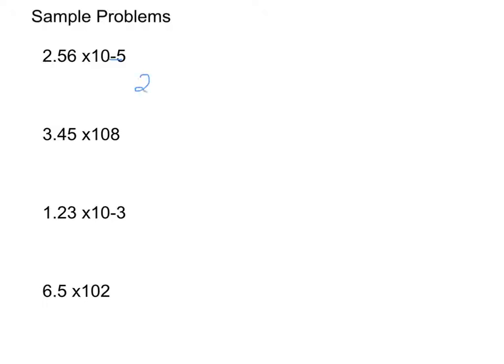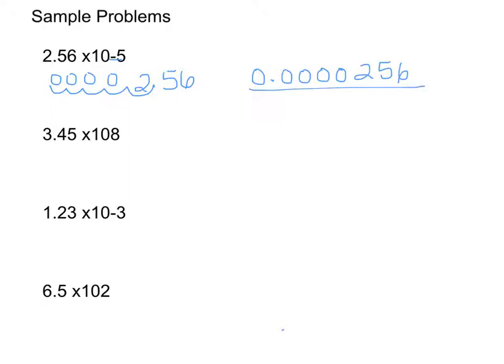So I have 2.56. If I move the decimal 1, 2, 3, 4, 5 places, I'm going to have to fill those places with zeros. So I have 4 zeros in front of the 2. So when I write that, I'm going to end up with 0.00000256. So this would be your answer in standard notation. And as you can see, writing that is kind of a lot of zeros. So it's better to write it in scientific notation for a lot of reasons. It's easier to read, it's easier to write, things like that.